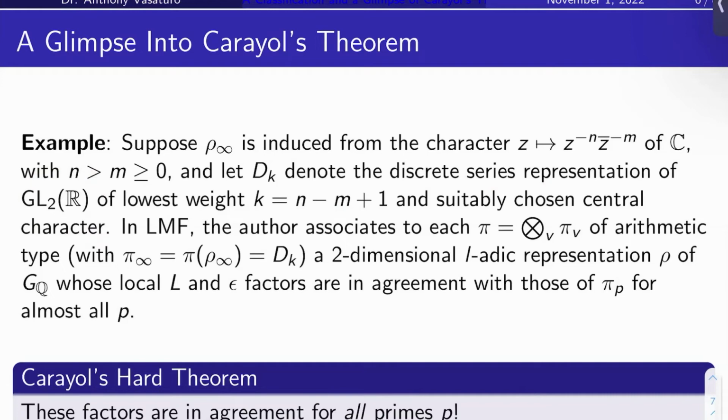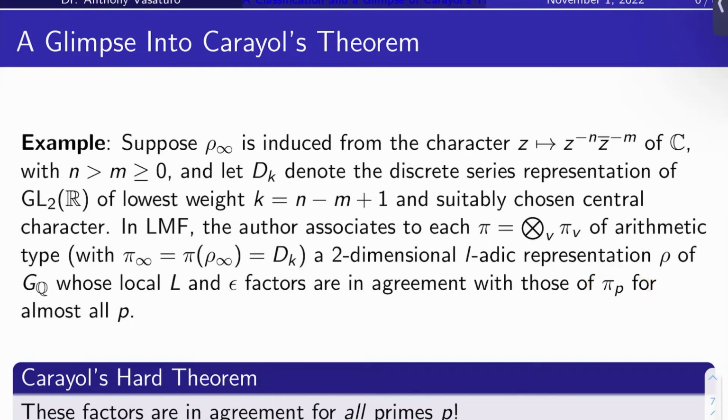If you look in Langlands' Modular Forms and L-adic Representations, the author associates to each pi with local components pi_v of arithmetic type, with pi_infinity, the Archimedean component, equal to D_k, a two-dimensional L-adic representation rho of the Galois group of Q, whose local L and epsilon factors, which we briefly talked about a couple videos ago, are in agreement with those of pi_p for almost all primes p. Okay, so again, what did we do?